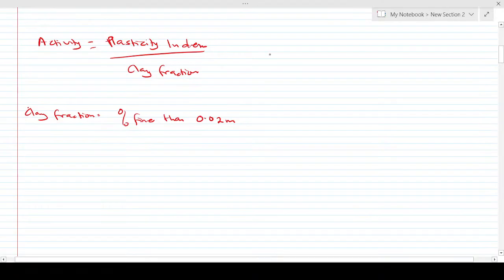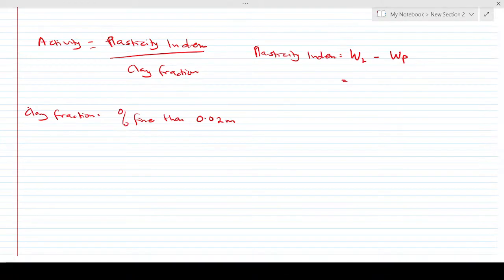First of all, you have to find the plasticity index, right? The plasticity index is the liquid limit, WL, minus the plastic limit, WP. That was given initially. I made mention that our liquid limit is 55% and our plastic limit is 26%.